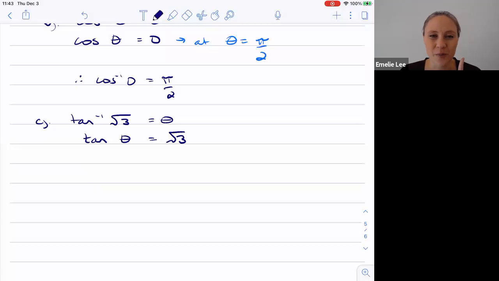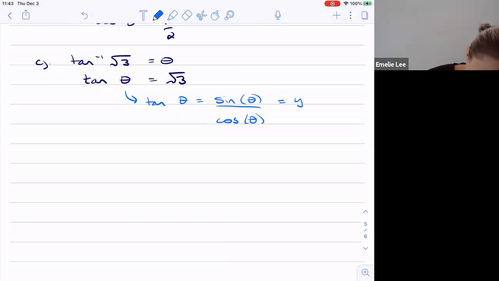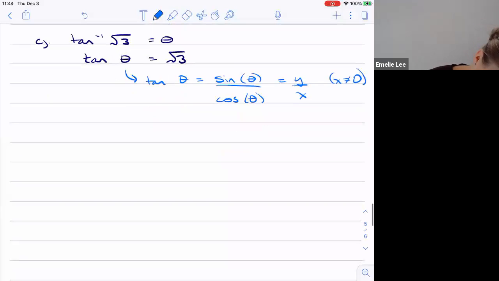Remembering that tan of theta is in terms of sine and cosine, which is our y and our x coordinate on our terminal point, right? Tan theta is sine theta over cos theta, which is y over x, as long as x is not equal to 0, from our terminal point.